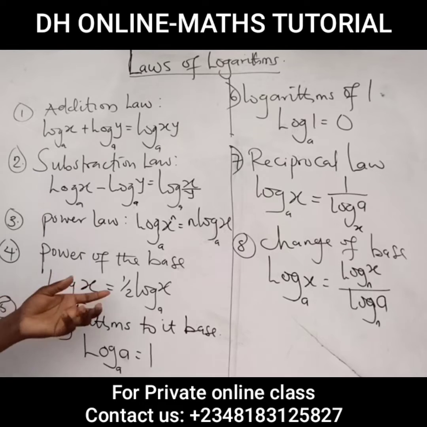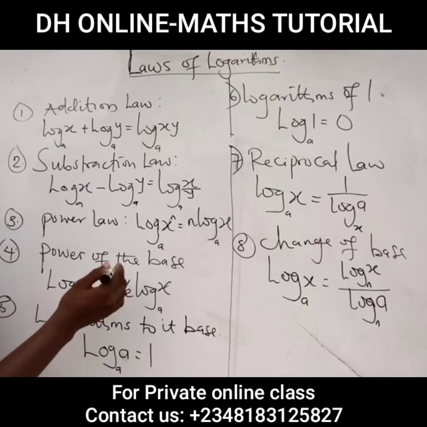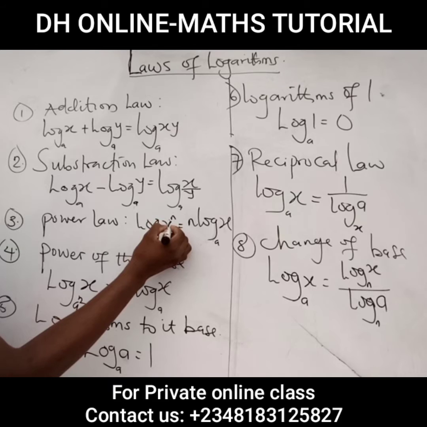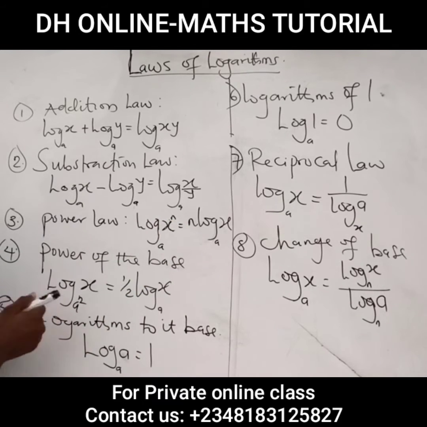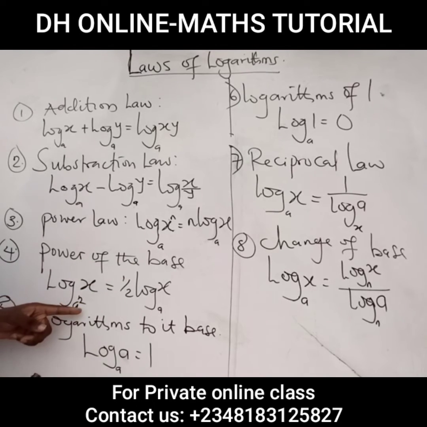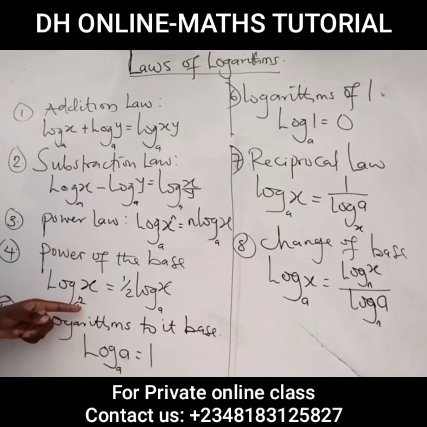Number 4 is the power of the base. The power of the base is very simple. We talked about the power law, where the logarithm itself has a power, but here the next one is the power of the base, meaning the base is the one carrying an exponent.